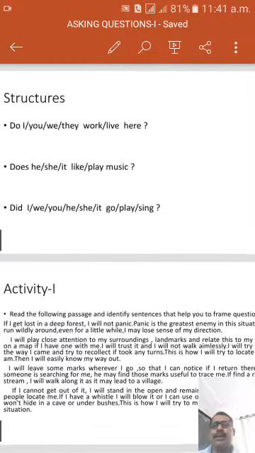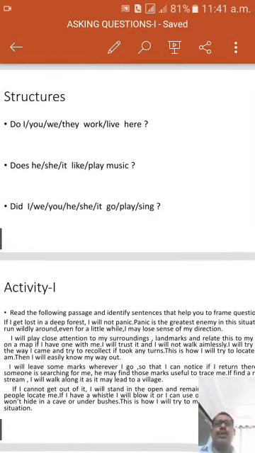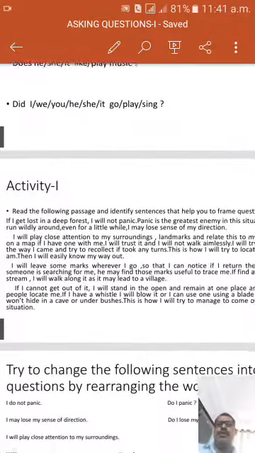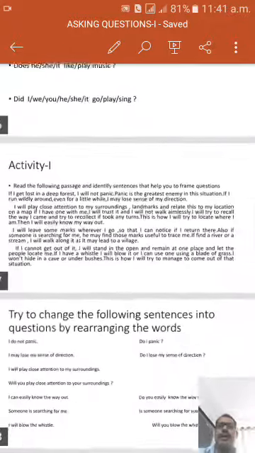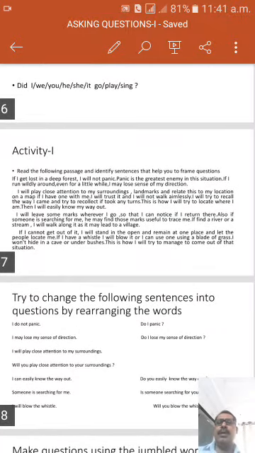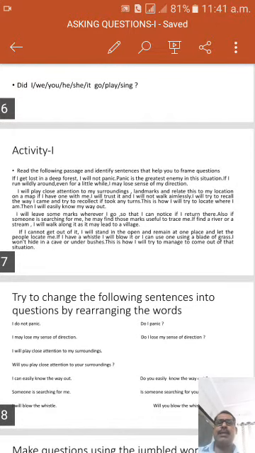Next, these are also yes or no type questions. Next, coming to activity 1. Read the following passage. Identify sentences that help you to frame questions.